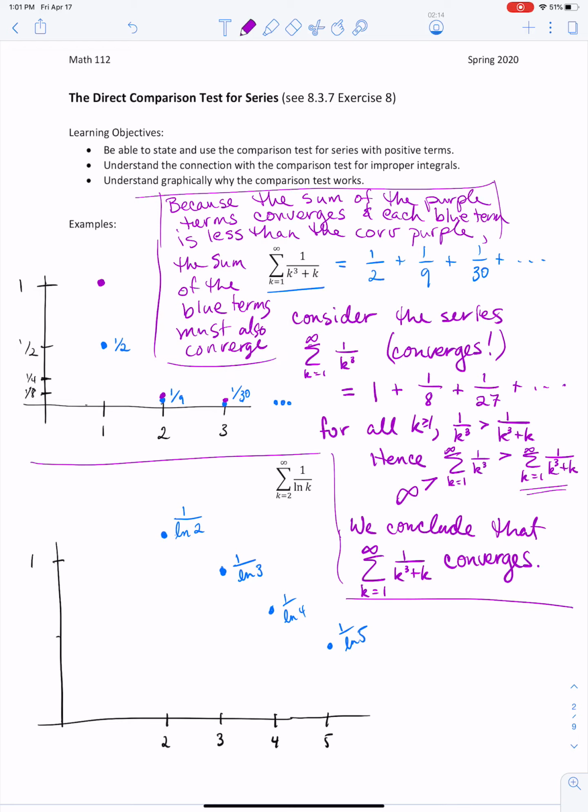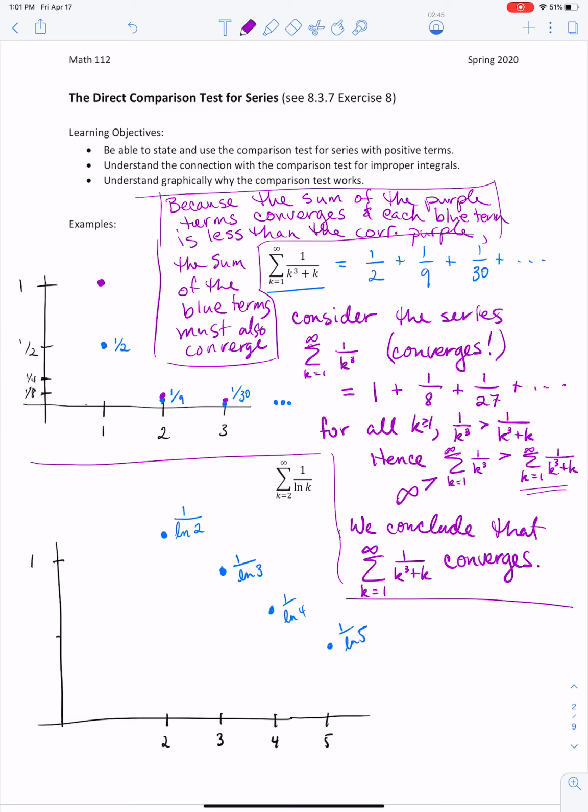Notice here that this works because our series, both the purple and the blue, are always positive.